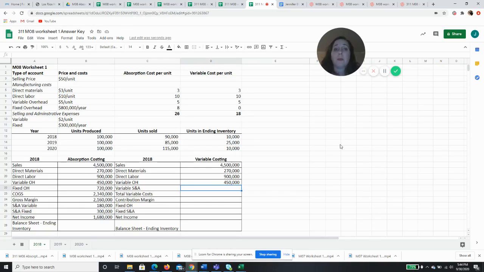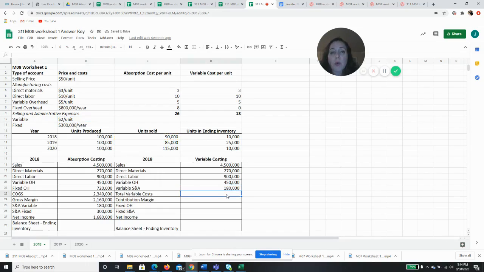So variable S&A, which used to hang out with the period costs with fixed S&A, now has to jump ship and hang out with the other variable costs like direct materials, direct labor, and variable overhead. Sometimes you just got to change a click. Our variable S&A is the number of units sold, 90,000, times our variable S&A cost per unit, which was 2, right up here.